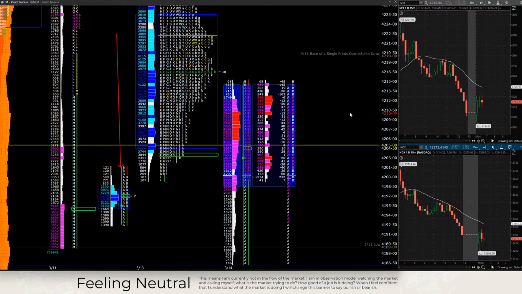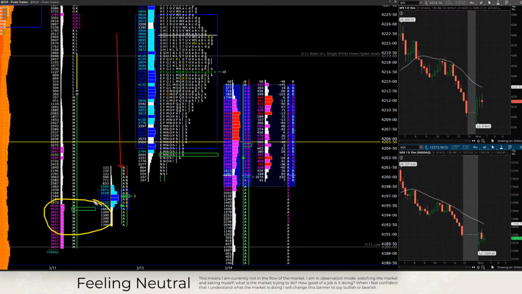That's just to kind of simplify things a little bit. But as far as where it starts, it's the first single print below the K period. So any push higher or lower within the last hour, that is where the spike starts. And it's not, in my book, officially a spike unless we close inside of it.